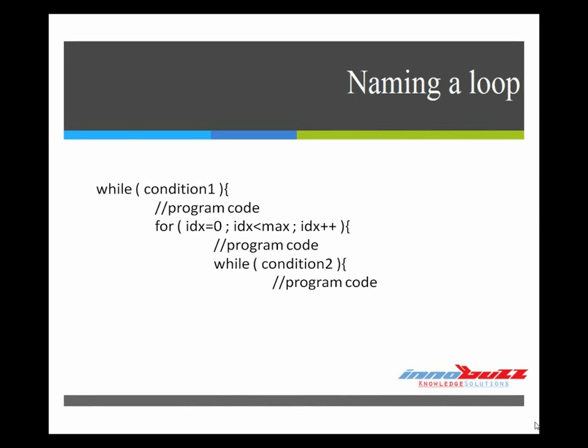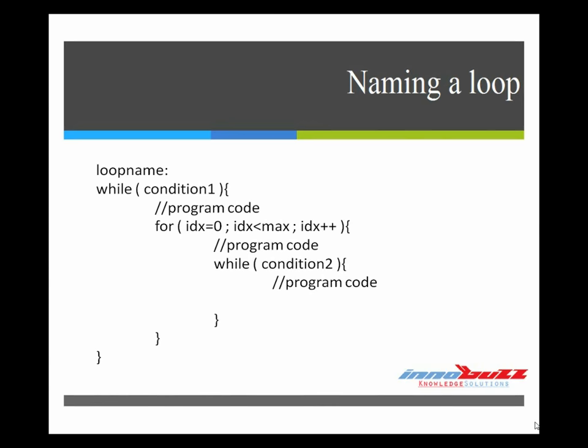If we use break or continue in these situations, the statement will have effect on the inner loop, the loop which is the innermost. If we want to use the break for another loop, for an outer loop, we have to name that loop. We have to give a label to it.